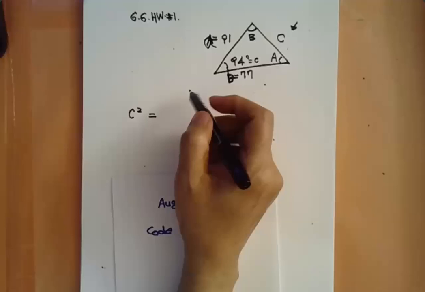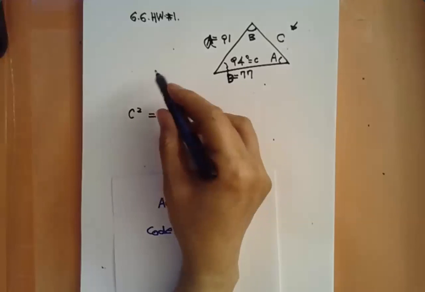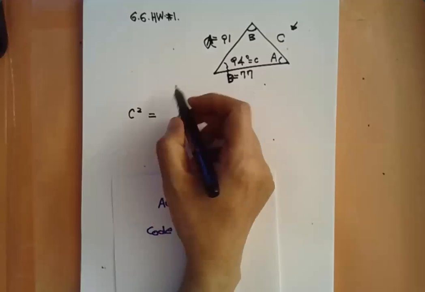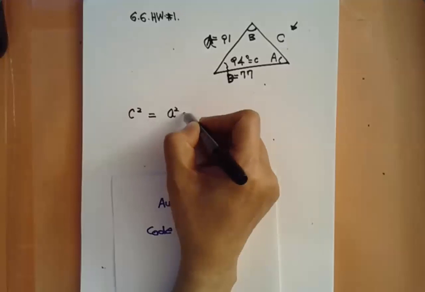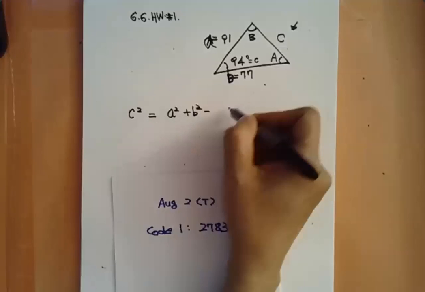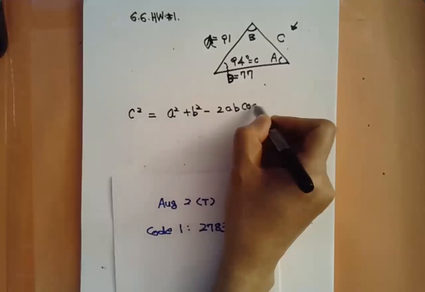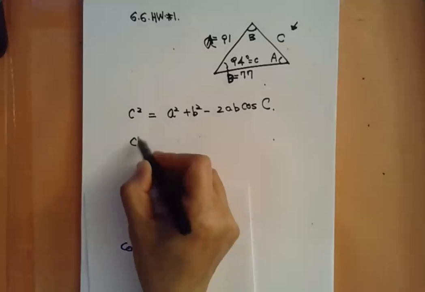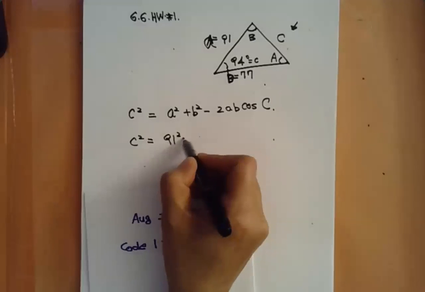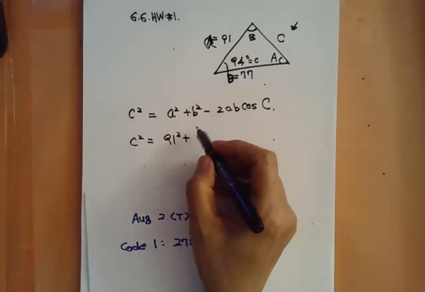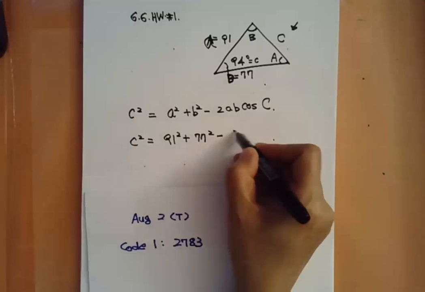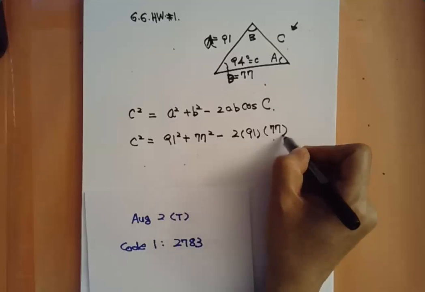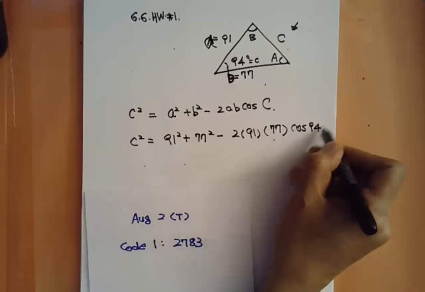There are three formulas, but it should start at c squared. c squared equals a squared plus b squared minus 2ab cosine c. So c squared is 91 squared plus 77 squared minus 2 times 91 times 77 cosine of 94 degrees.